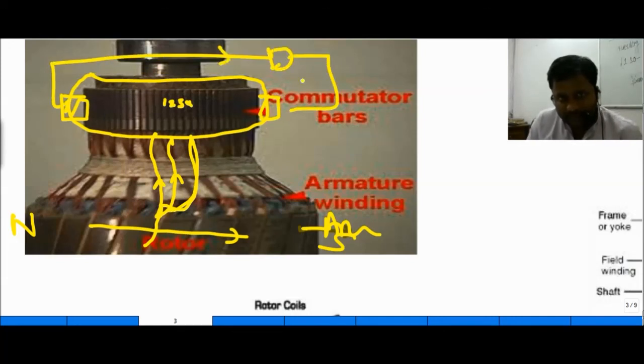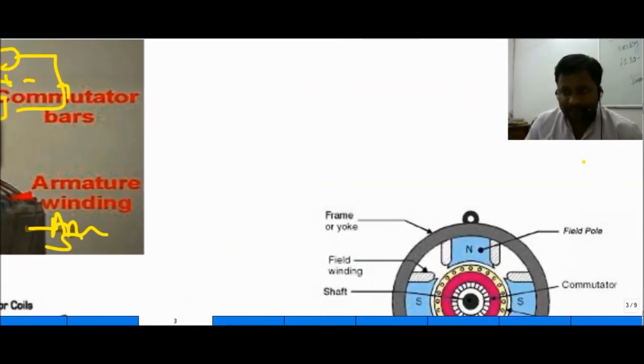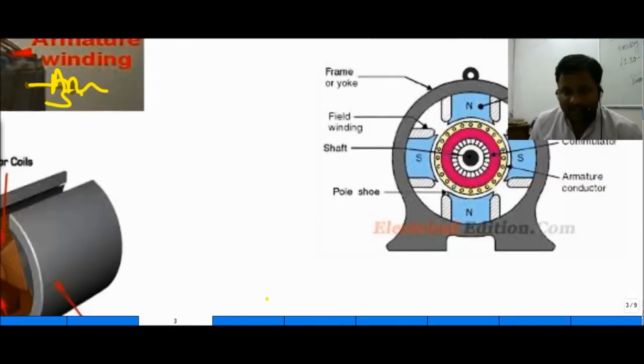This is plus or minus. So this is the basic commutation of the DC generator or the DC motor. The commutation might be the same, and we have seen that the commutator segments should be maximum, if possible, in order to decrease the ripple content. Let us take another commutation diagram.